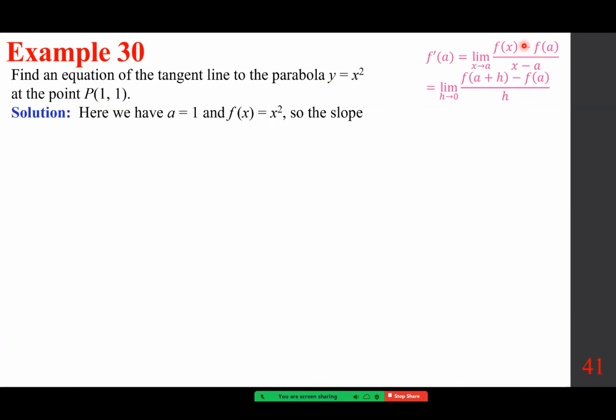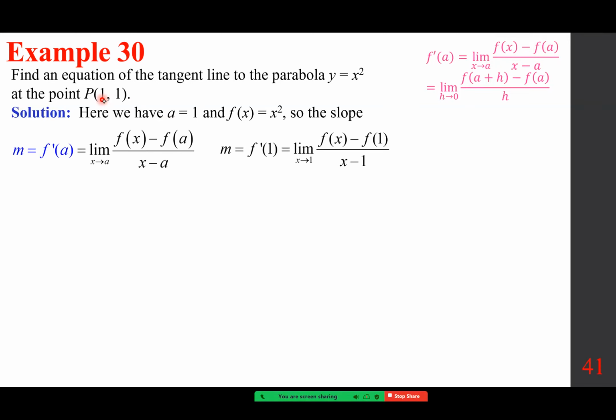So m is f prime of a, and I write the first definition. a is 1, the x coordinate of the given pair. And now we replace f of x with x squared.